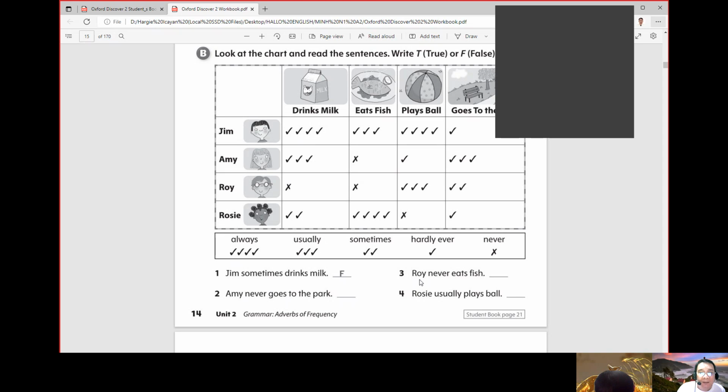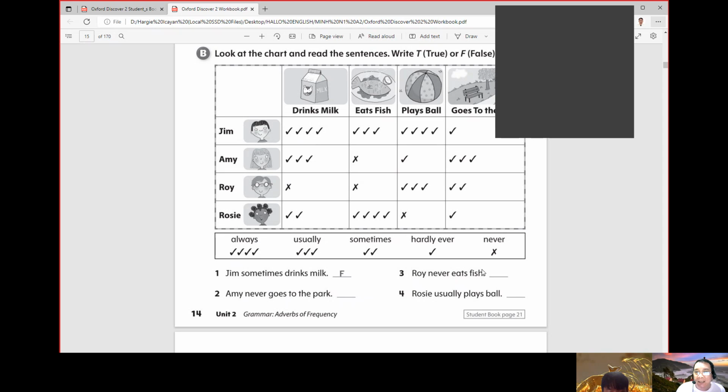Roy never eats fish. Is true. It's true. And number four. Rosie usually plays ball. Is false. It's false because she never plays ball.